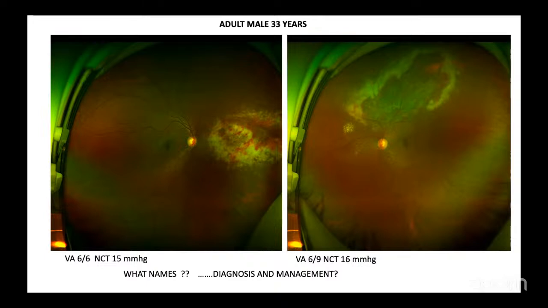So this is a typical classical finding of something. Yeah. So if you do not know, you can take a snapshot of this and then read and then post in the group. Otherwise, just telling this may not stay in your brain for a long time.